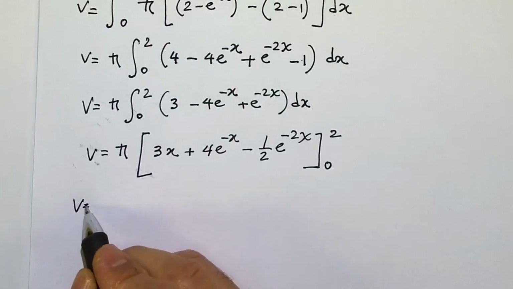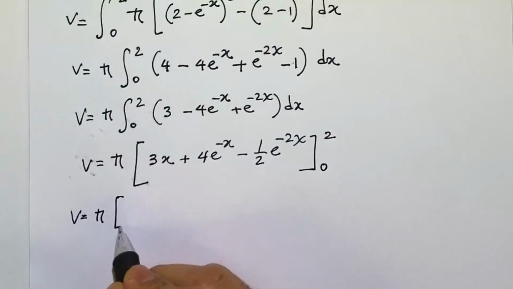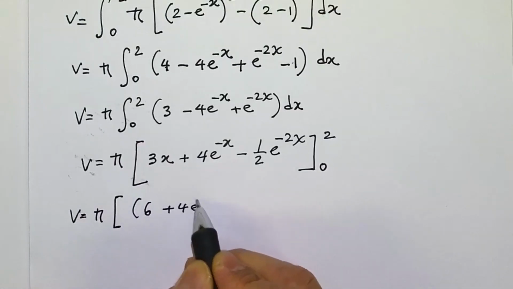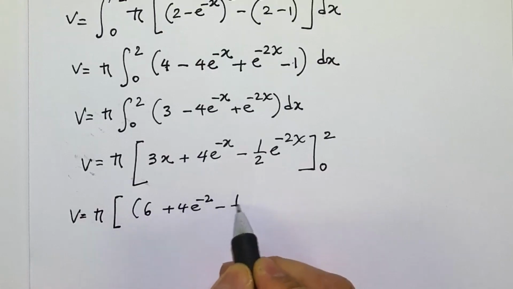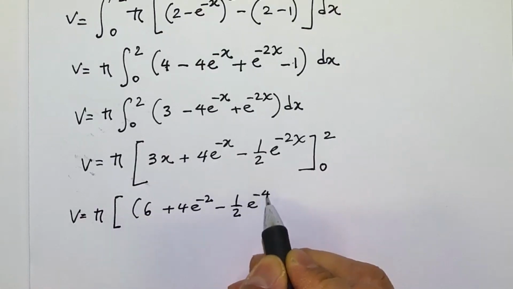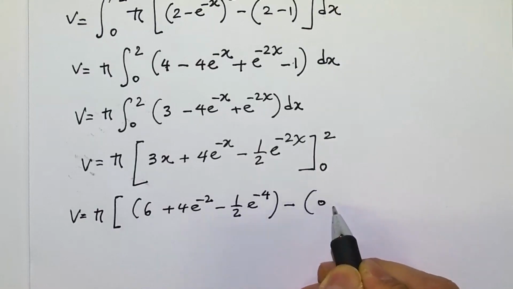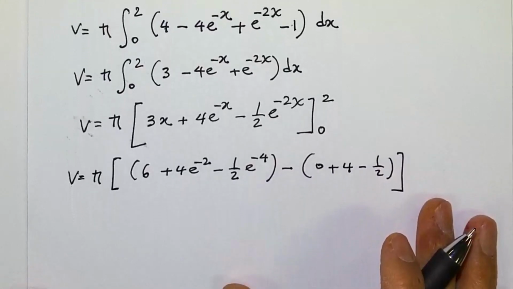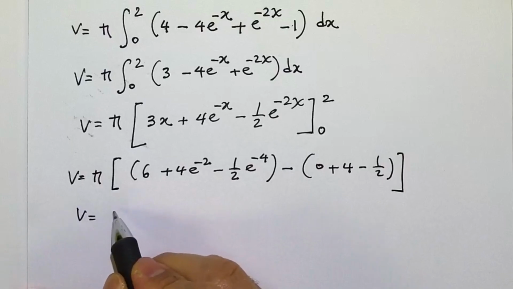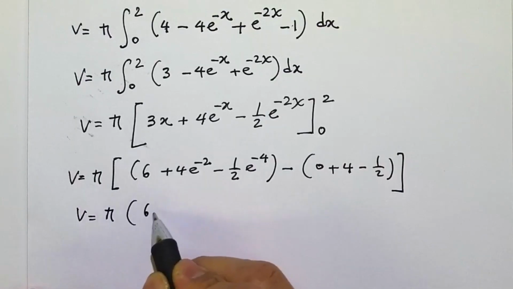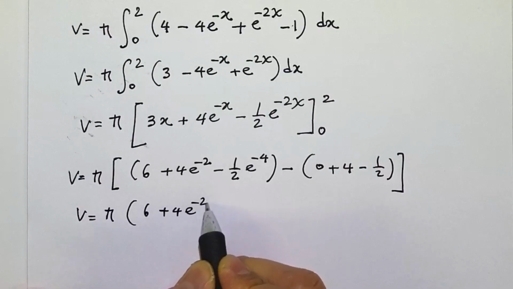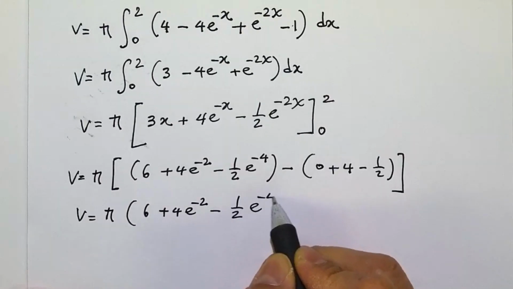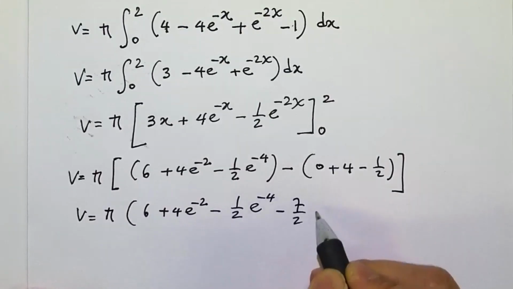And then let's calculate that. We will get the volume equals, so here's what I got. I got 6 plus 4 e to the negative 2 minus 1/2 times e to the negative 4, minus 0 plus 4 minus 1/2. After simplifying all of this, I got 6 plus 4 times e to the negative 2 power minus 1/2 times e to the negative 4 minus 7/2.